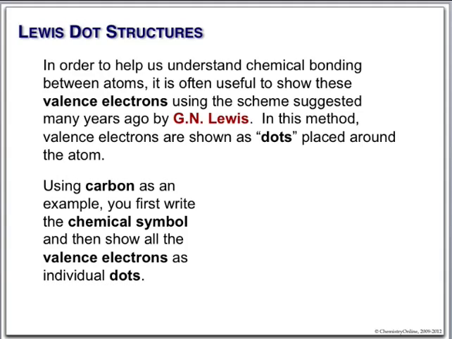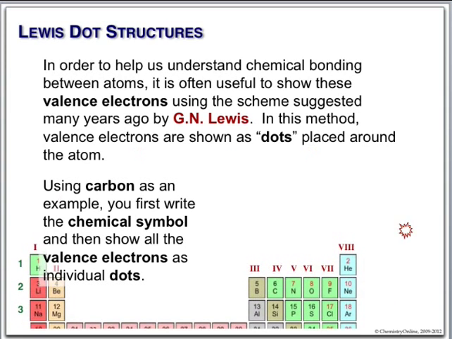And you can show those valence electrons by taking the chemical symbol and putting them around there. For carbon, here we are. We have 6 protons, we have 6 electrons. In terms of valence electrons, we have 1, 2, 3, 4, right?